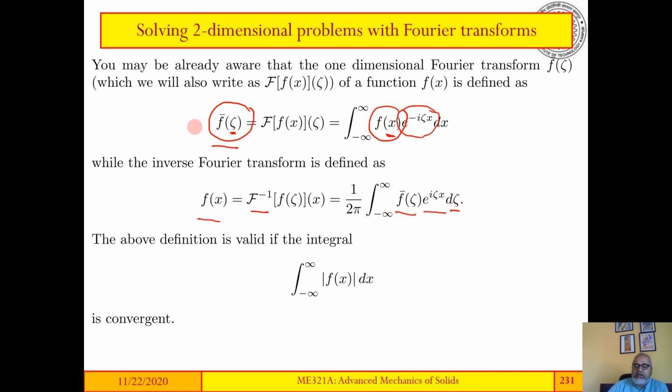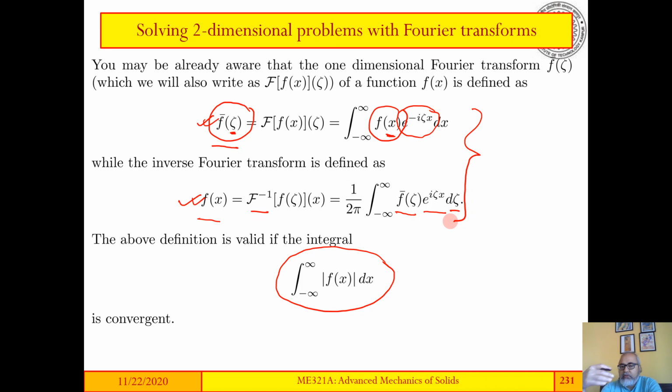So this is the Fourier transform, and this is the inverse Fourier transform. They together form a pair, and this inversion process and the forward process is possible, provided that this integral, the modulus of the function integrated from minus infinity to infinity, is not divergent. It doesn't go to infinity. So if this integral does not go to infinity, these two integrals form respectively the forward Fourier transform and the backward Fourier transform.